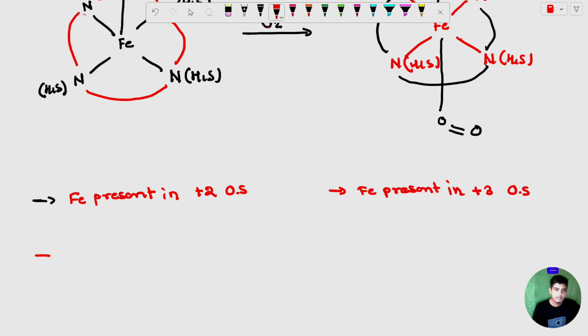The second point: in deoxymyoglobin you can see high spin will be shown, high spin, and in oxymyoglobin low spin will be shown.